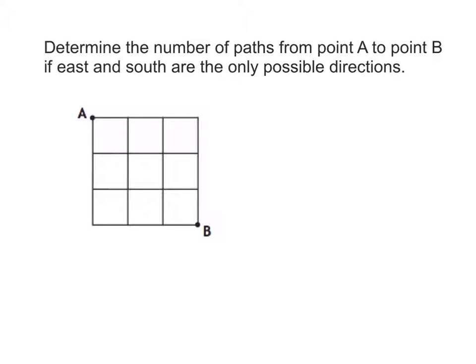So you would do 6 factorial, and then divide by the ones that are repeats. So there are 3 east, so 3 factorial, and 3 south, 3 factorial, which is 20.